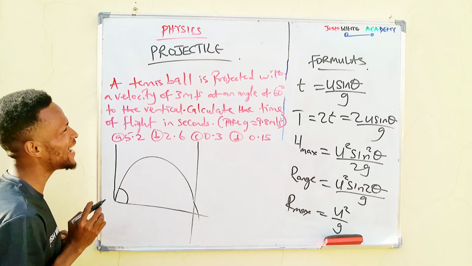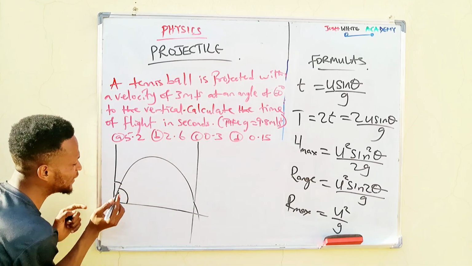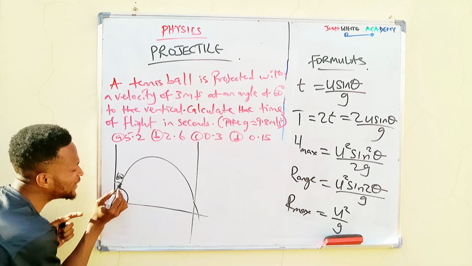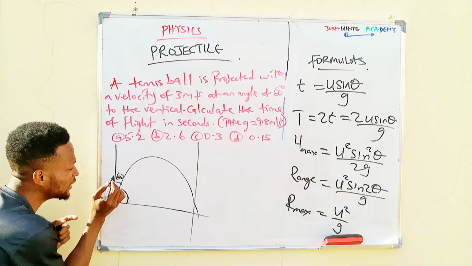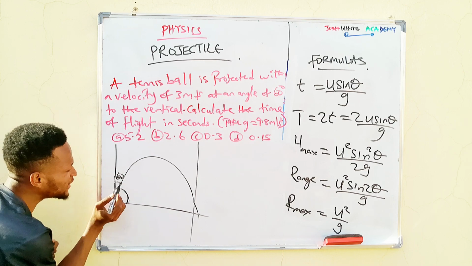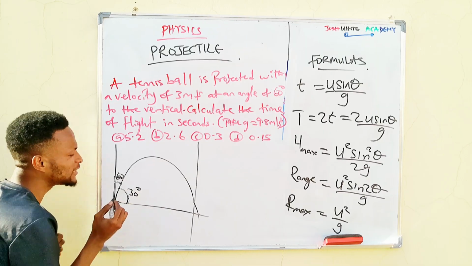So if they say it's projected at an angle of 60 to the vertical, then this is perpendicular, this is angle 90. So if this is 60, here would then be 90 minus 60, that means 30 degrees.